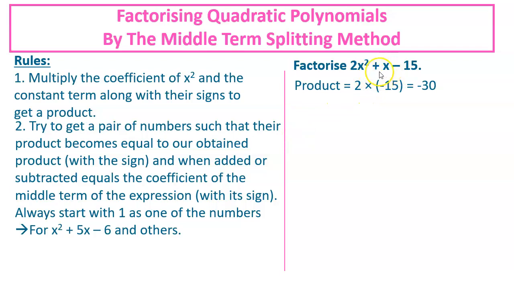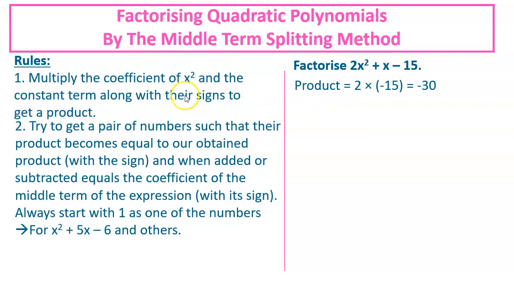This is the middle term of the expression that has been given to us, and it is plus x or plus 1x. So the coefficient of the middle term is plus 1. So the two numbers when multiplied together should give us negative 30, and when added or subtracted should give us positive 1.